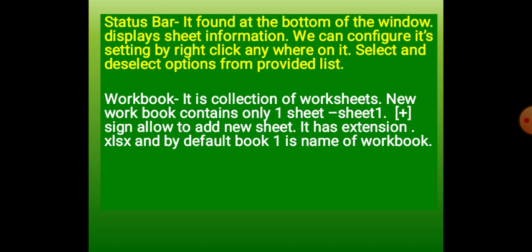In the 2013 version, children, a new workbook contains only one sheet, that is Sheet1. You will see that on the right side of the sheet tab there is a plus sign. It allows us to add a new sheet in our workbook. And a workbook file has the extension .xlsx.